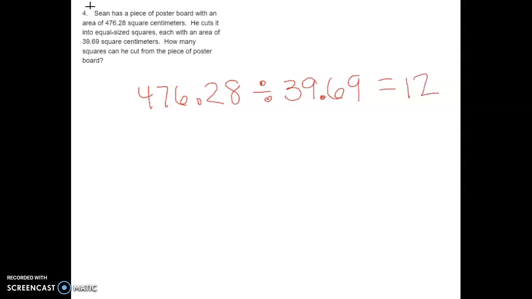So I'm going to take my total amount of area, 476.28, and divide it by those sections. And I get 12. So he could have 12 squares.